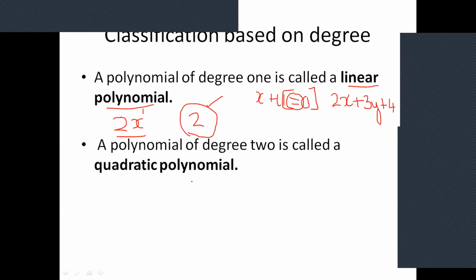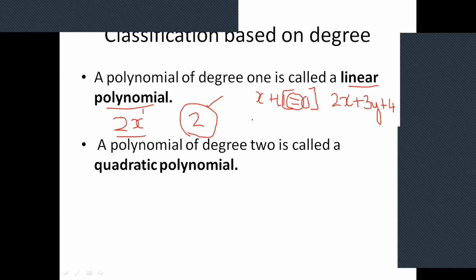Now, before we continue with the next, the quadratic polynomial, let us quickly recall the standard form for the linear polynomial. Why am I discussing this? Because later on, we have something called the relationship between the zeros of the polynomial and its coefficients. That is why we need to learn this.